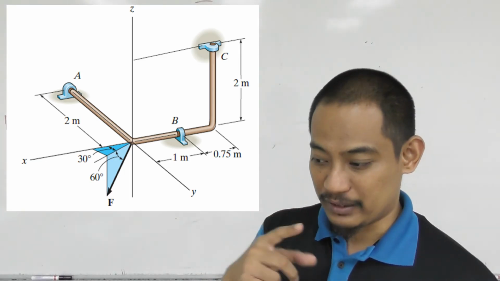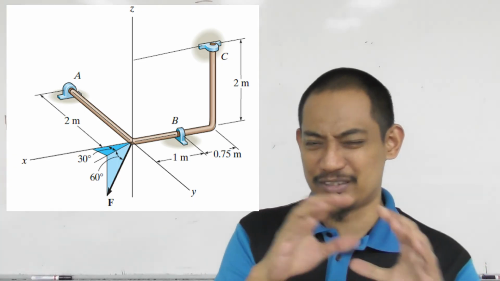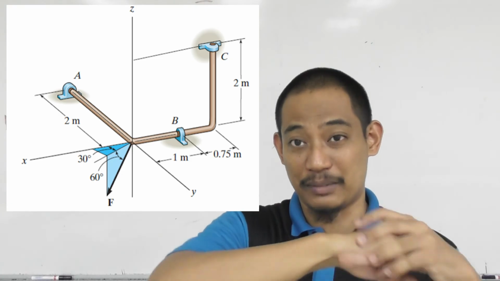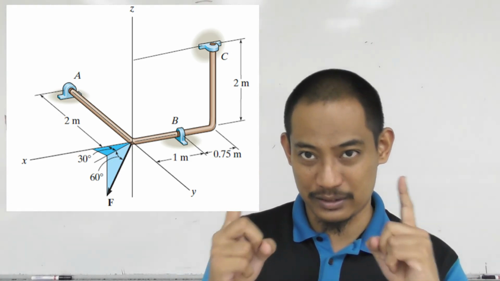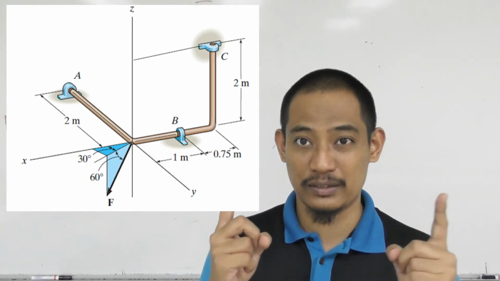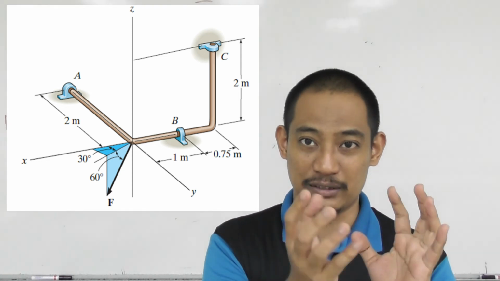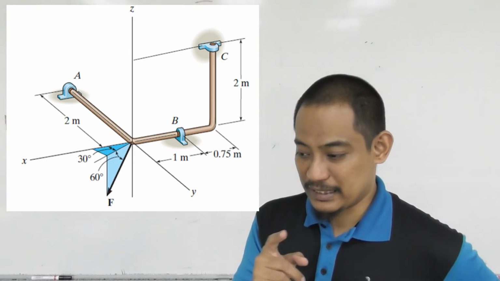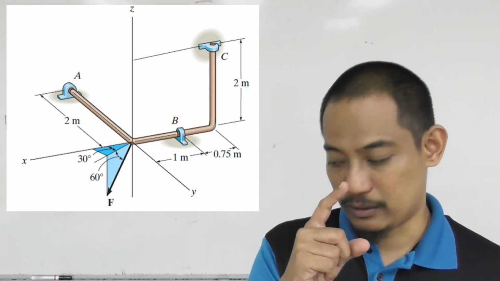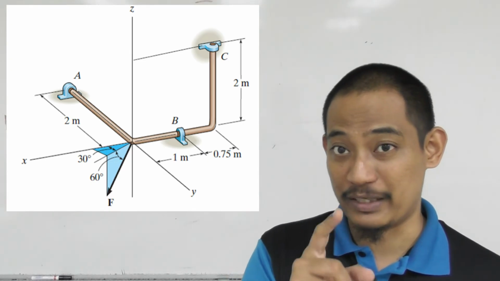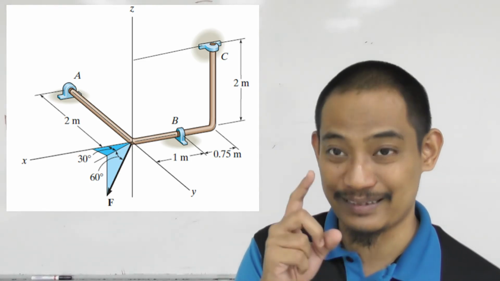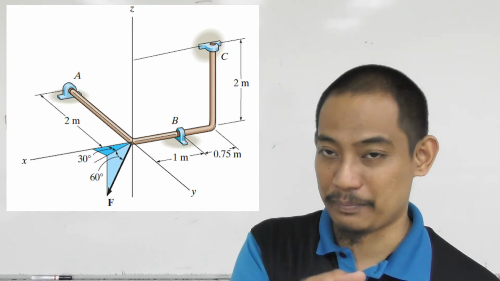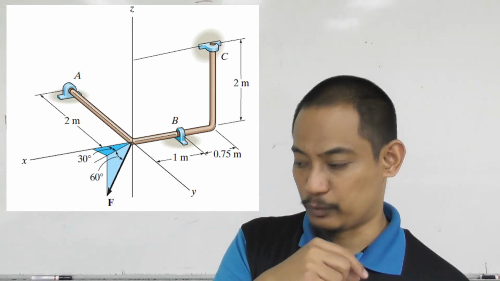But I hope you roughly still understand the example that I showed, right? When you restrict the movement, it already restricts the rotation tendency, so the moment is not triggered, right? So in that case, all the moments that we mentioned at points A, B, and C will be 0, right? That's the implication of properly aligned.